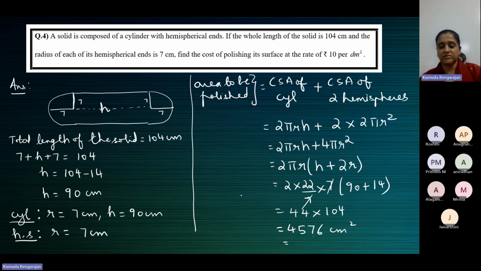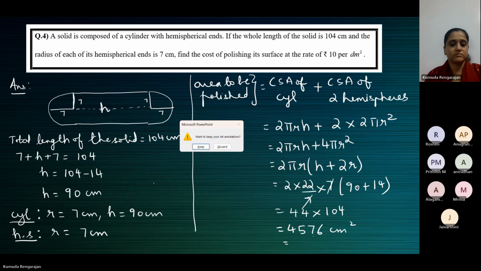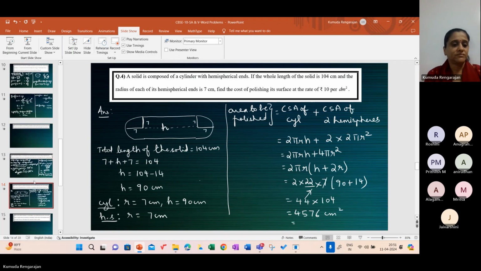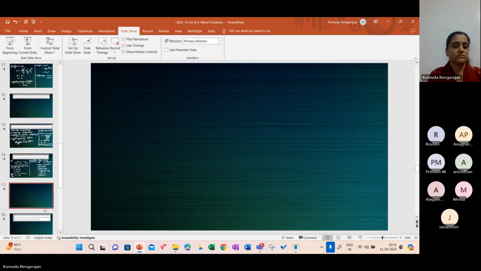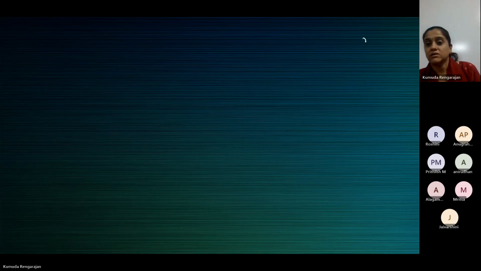Okay, so see, it's like this. For conversion, millimeter, centimeter, decimeter, meter.